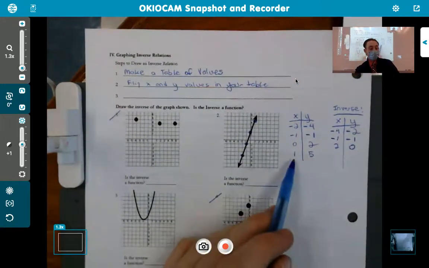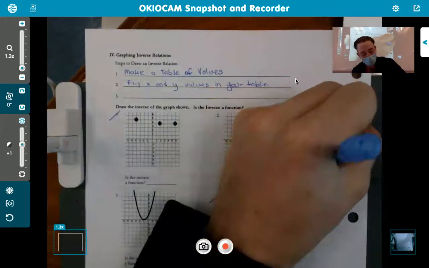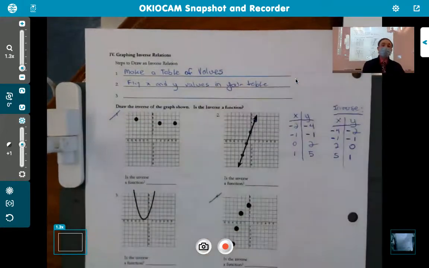And then instead of 1, 5, I'll have 5, 1. So I'm just taking those values and flipping. Are there any questions about that process for step 2? Pretty easy stuff, right?